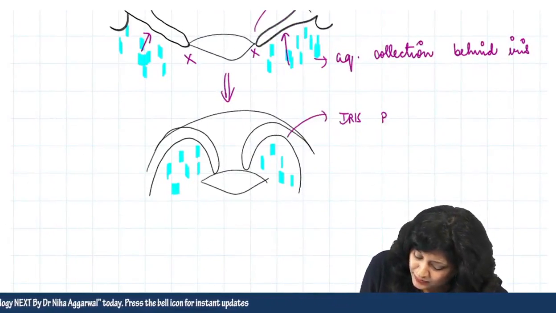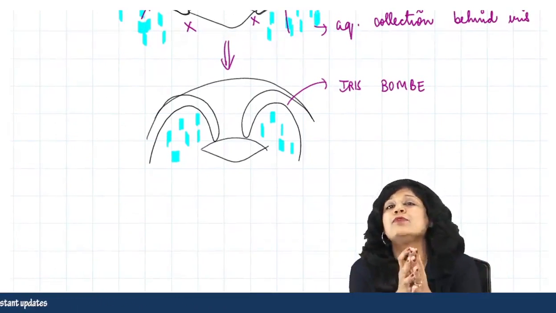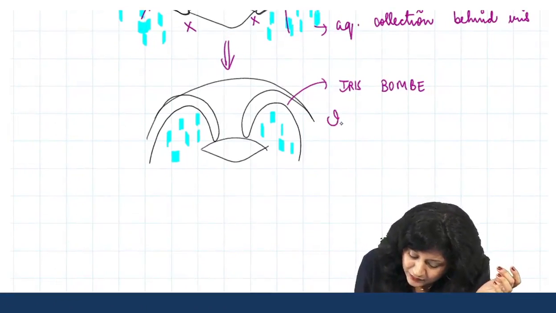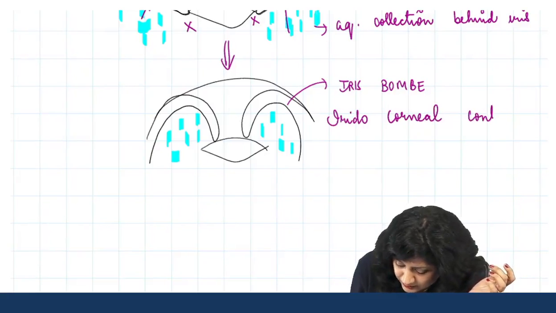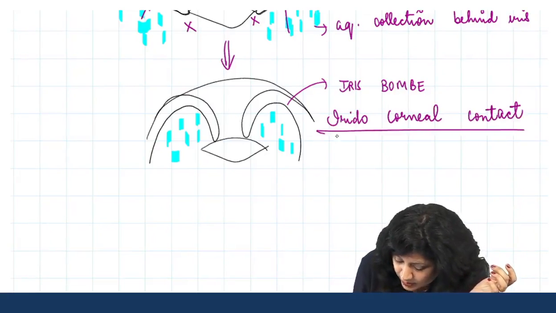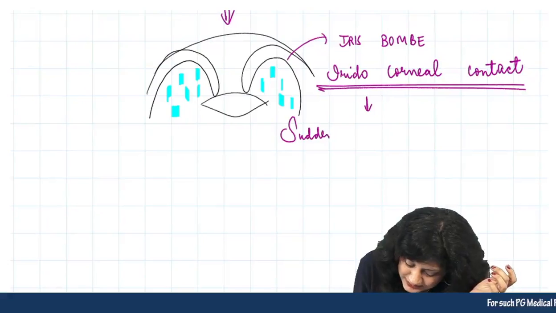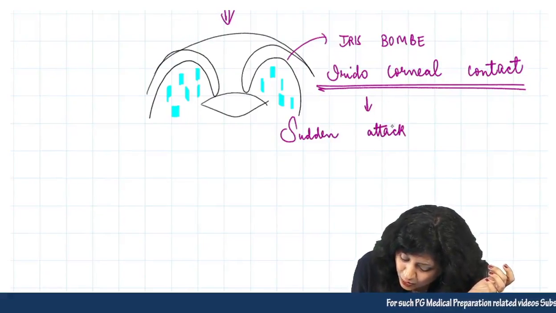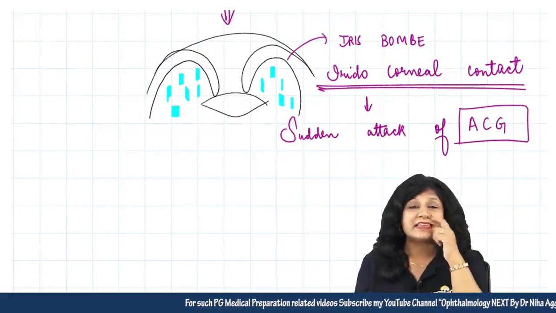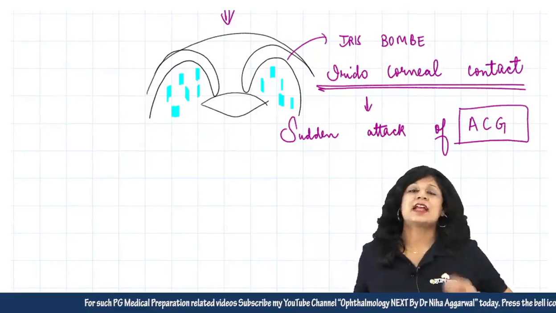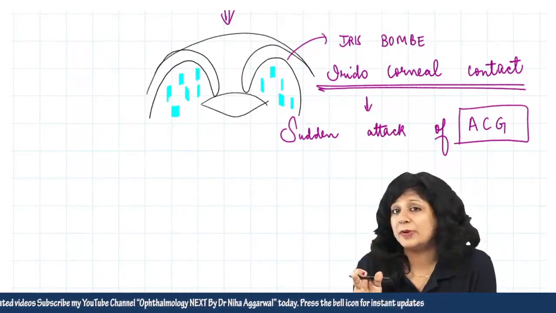This is called iris bombé formation, because we have ballooning of the iris towards the cornea and iridocorneal contact, which leads to a sudden attack of acute congestive glaucoma. This is true whenever there is pupillary dilatation and IOP increase, but it is not for open angle glaucoma. This is for angle closure glaucoma.